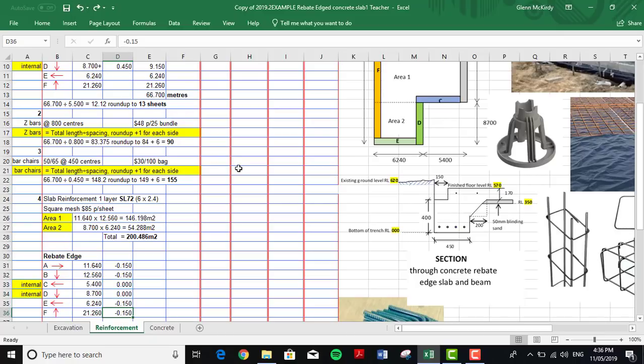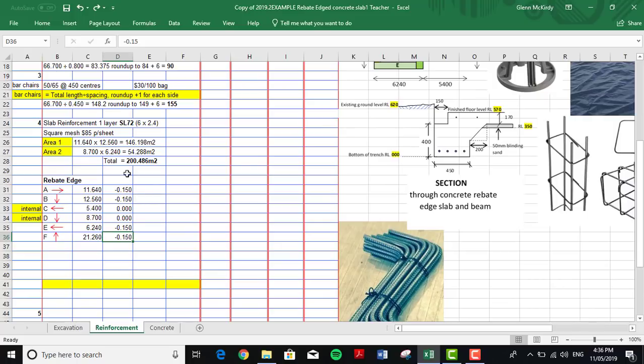And then we get a total there of 11.49. They're our totals there for A, B, C, D, E, and F, and we get a total length using the into-over method of 65.2.